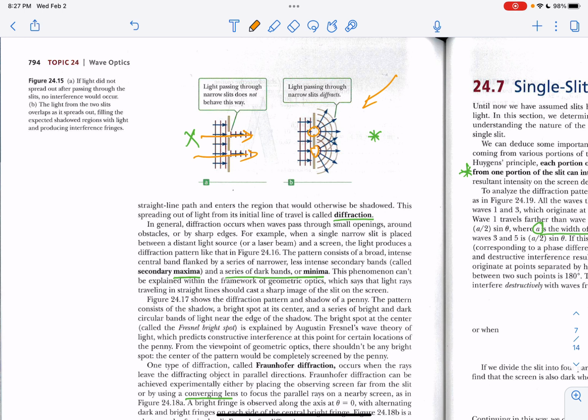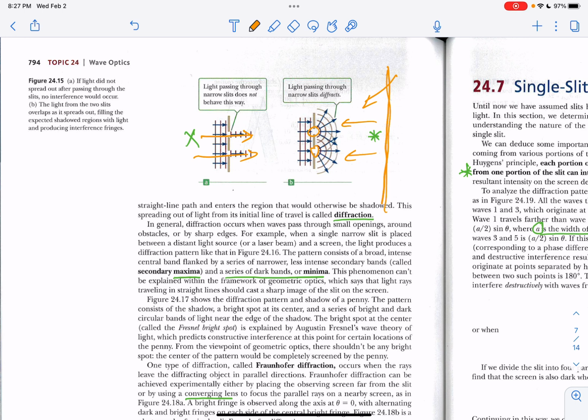The crests from these waves will interfere with the crests from these waves, the troughs at the same time. Sometimes it'll be crest on crest, trough on trough, and you're going to get a bright spot. If you had a barrier over here and this was photographic film, or maybe it was a wall, you would see bright dots wherever you had constructive interference, and it would be dark wherever you had destructive interference.